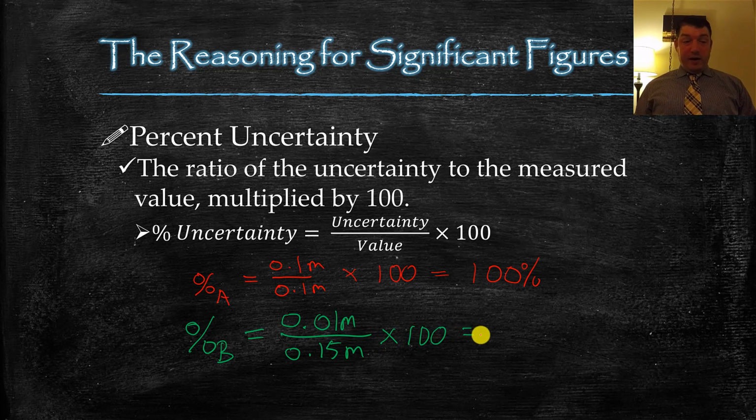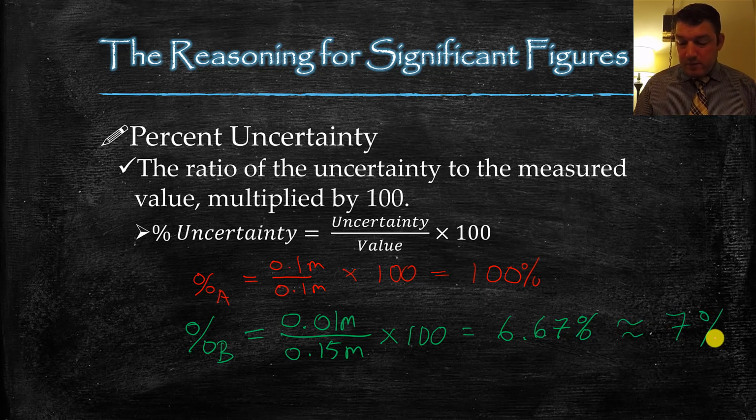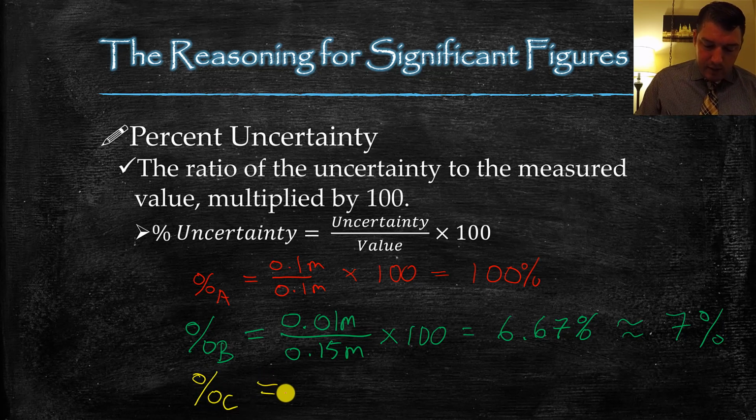And when we calculate that, we find out that it's 6.67%. Although we're going to find out later on why this is actually 7% uncertainty.